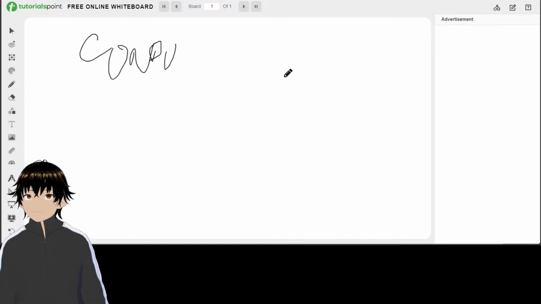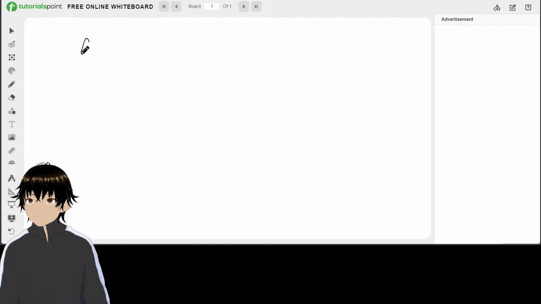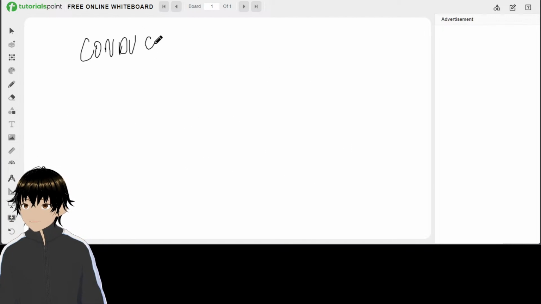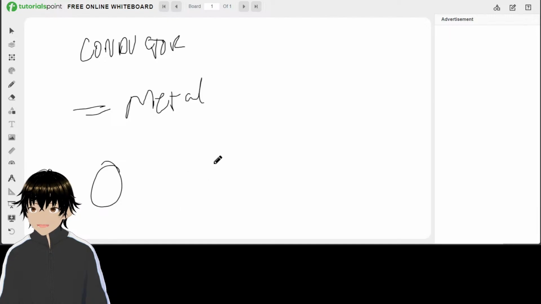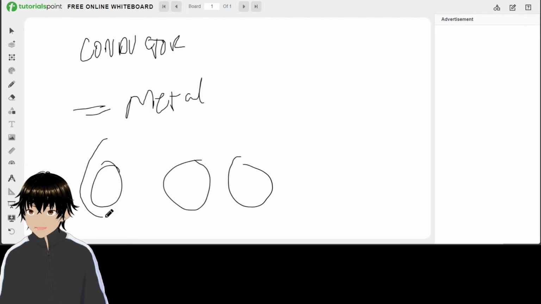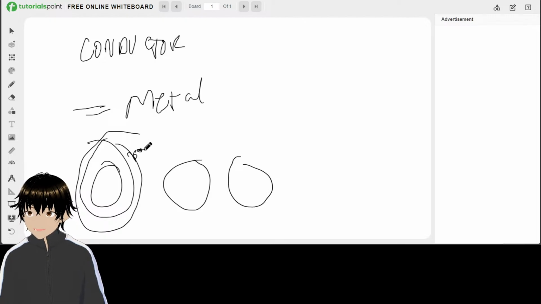And apparently one example of a good conductor is metal. Let's say you have a metal atom right here, a couple of metal atoms. These are the valence electrons, no, that's a negative.